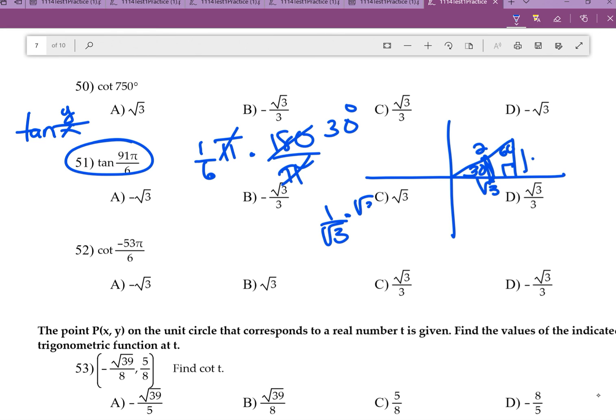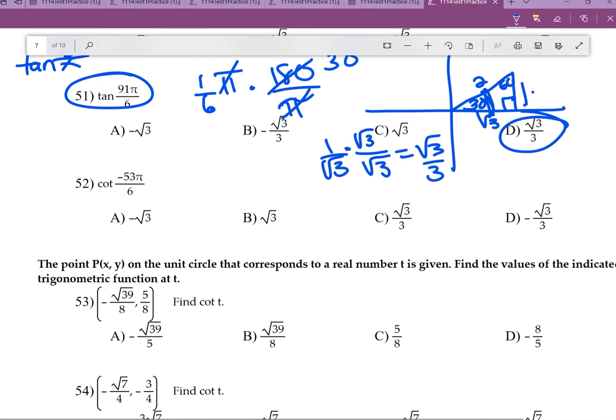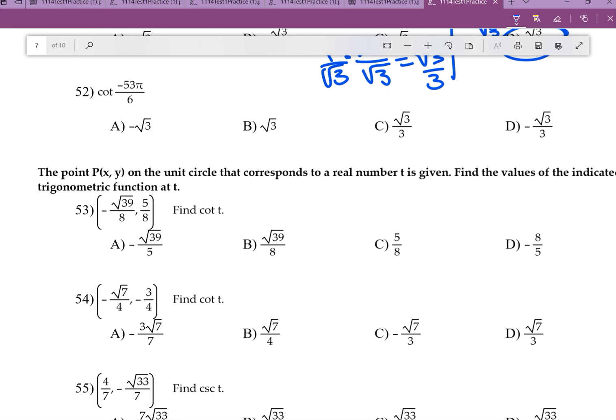So we have to transform this by multiplying square root of 3 over itself, and we find that this is actually D. This results in square root of 3 over 3. There's your answer choice. The negative is no different than the negative.